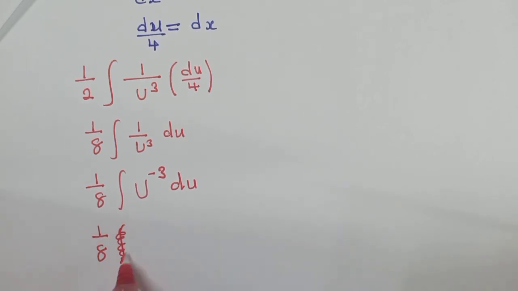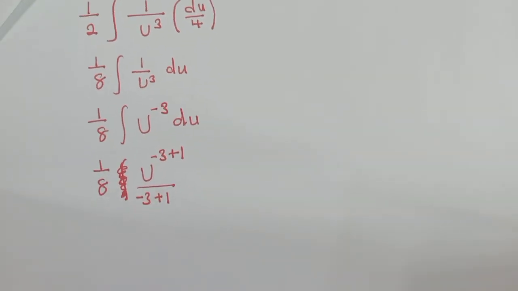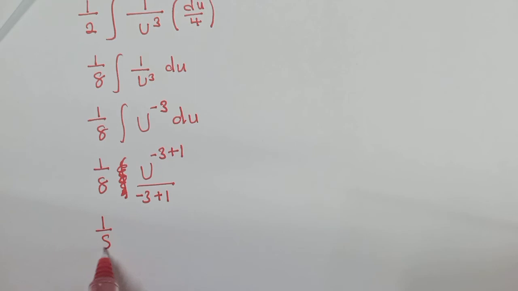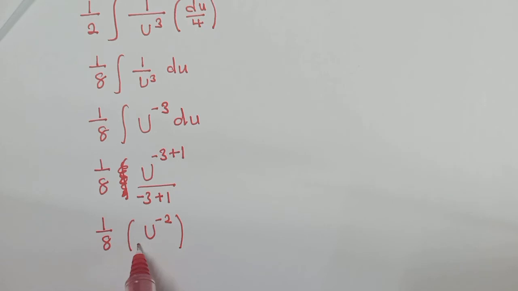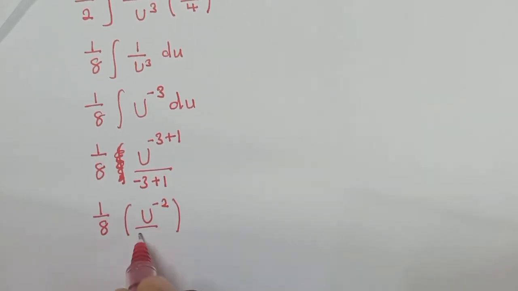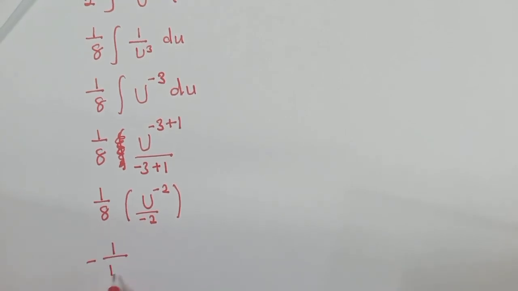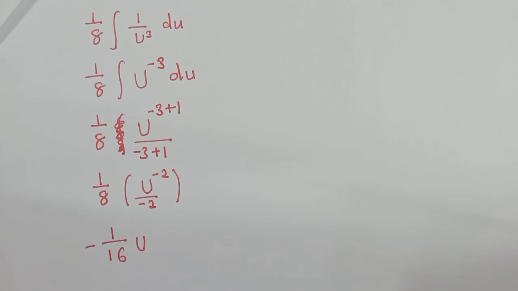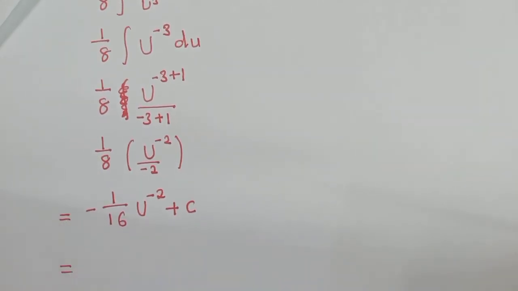By the laws of integration, we add 1 and also divide by that, which gives us u power negative 2. Here we shall have negative 2. We multiply by negative 2, we shall have negative 16, plus c.